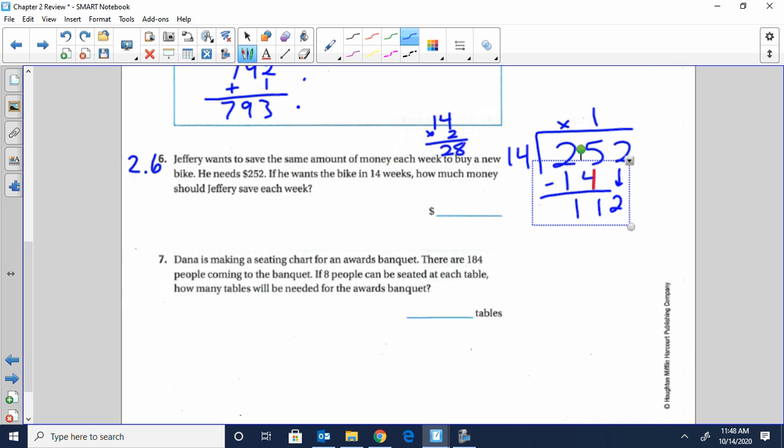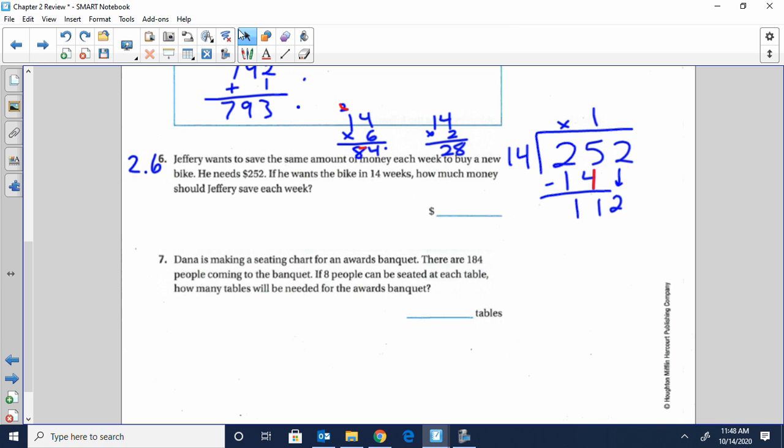14 goes into 112. Now, again, if you're unsure, guess and check. Maybe it's 6 times, maybe it's 7, maybe it's 8. So we're going to try 14 times 6 first. 14 times 6 is 24. 6 times 2 is 6 plus the 2 gives me 8. So I get 84. All right, so I can get closer than that.